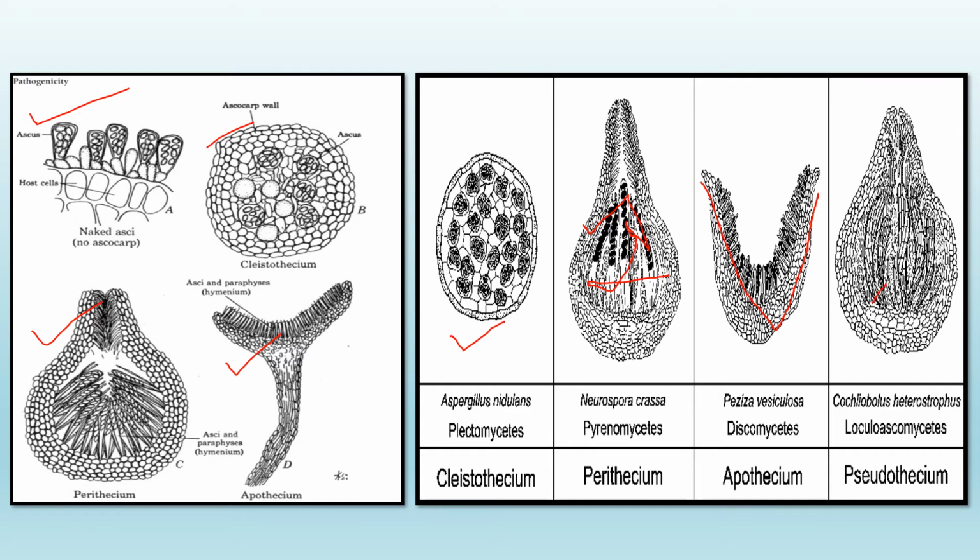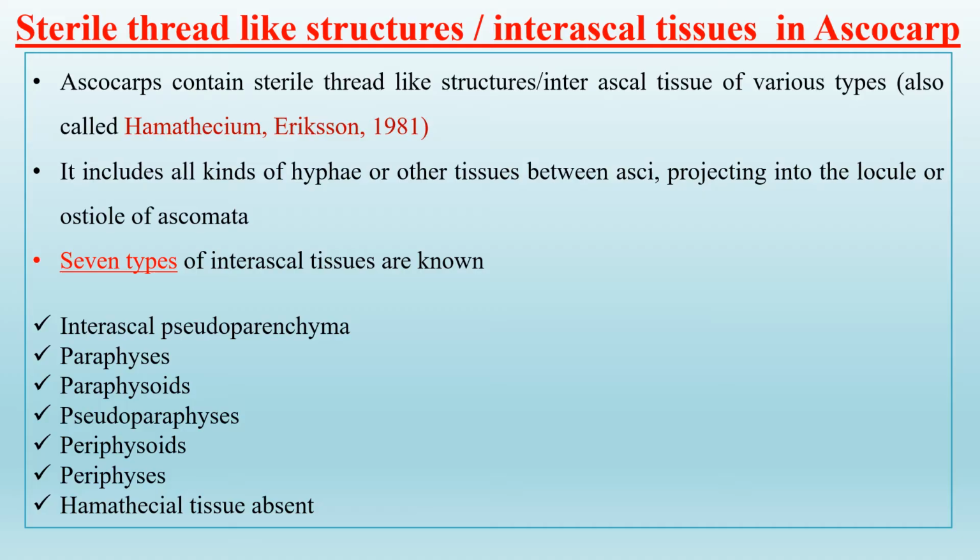This is also a flask-shaped structure. These are the different types of fruiting bodies. Now coming to sterile thread-like structures, I already told you previously about the structures present in these bodies.